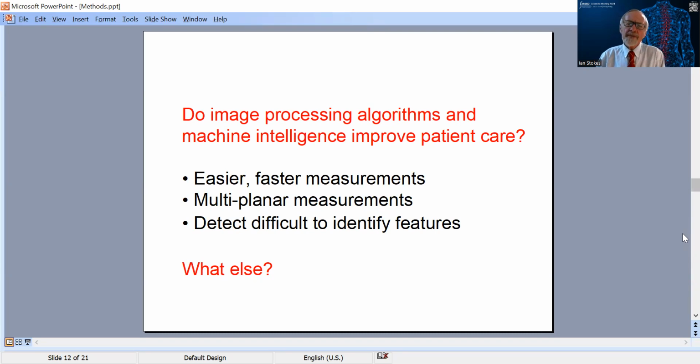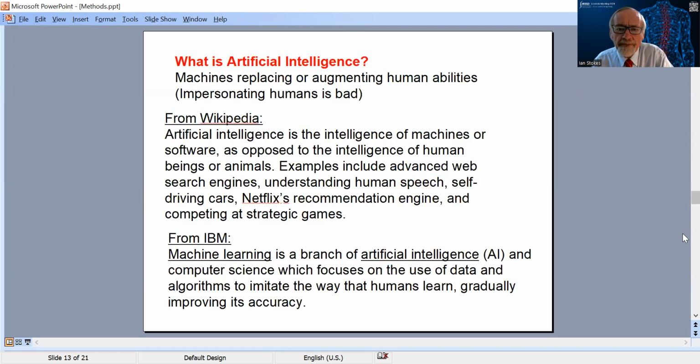So do these image processing algorithms and machine intelligence improve patient care? They provide potentially easier and faster measurements of skeletal shape. They provide multiplanar measurements and potentially detect difficult to identify features that might be missed by radiologists. So anything else?